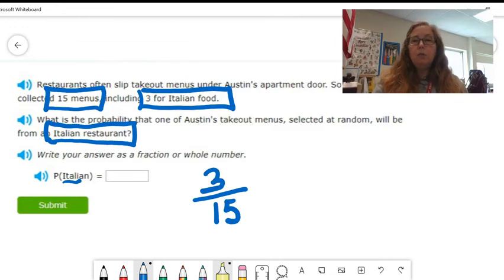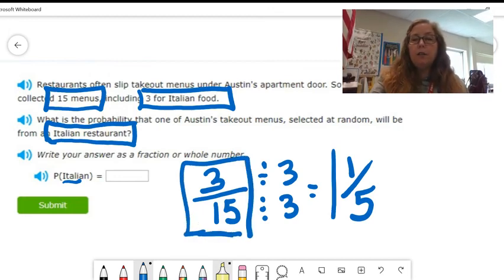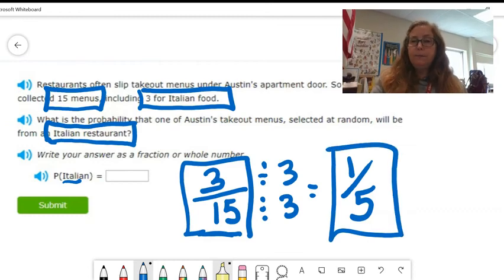So we would say 3/15 or 3 out of 15 is the probability that he will pick an Italian one. Now we can simplify this. We can write this as 3/15, but we can also simplify it, and that would be just as correct. We could say 1 out of 5 or 1/5. And so when you enter these in IXL, either of these fractions would be correct.